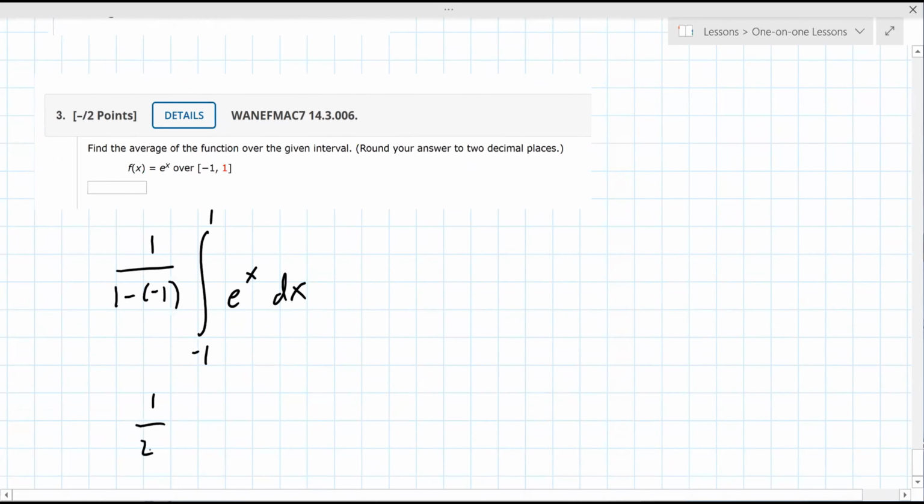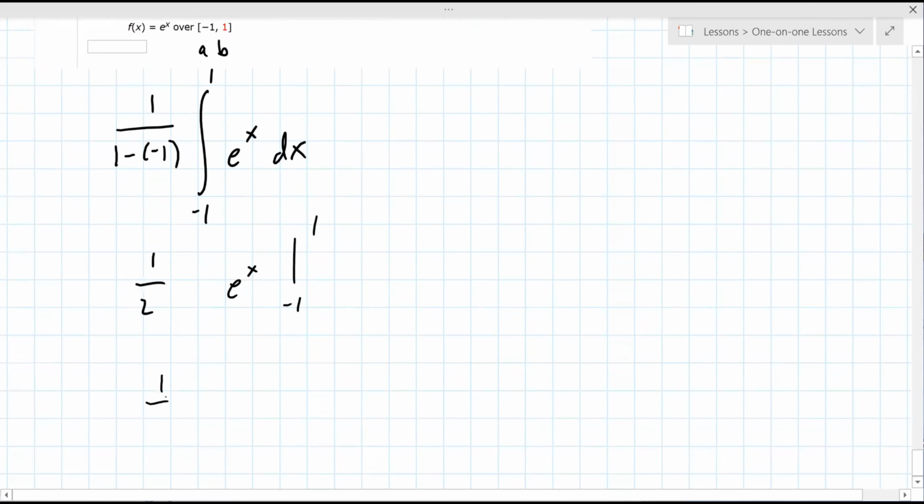All right. So this is the same thing, a and b, 1 over b minus a. So it's 1 over 1 minus minus 1, integral from minus 1 to 1 of e to the x. When you integrate e to the x, it is itself, and you're evaluating that from minus 1 to 1. So this one says 1/2 times e to the 1 minus e to the minus 1.